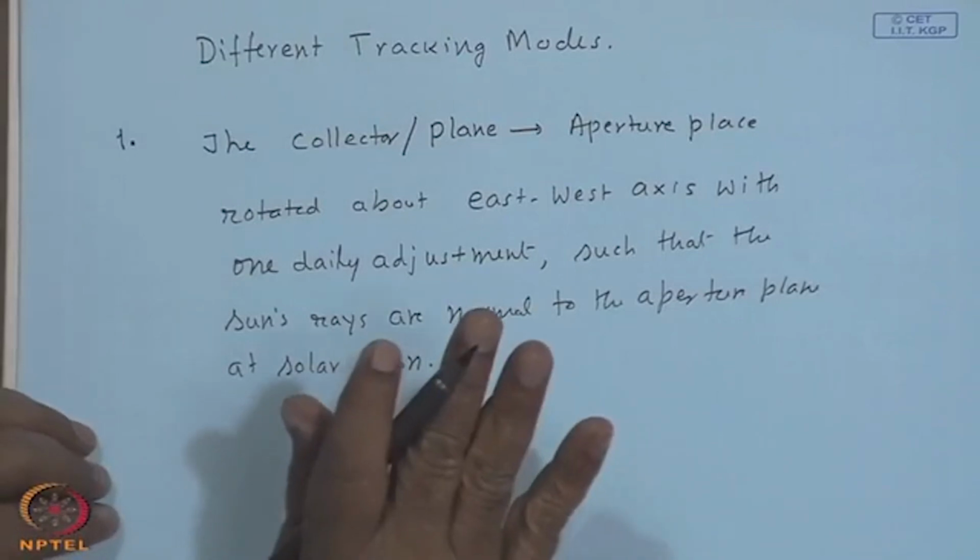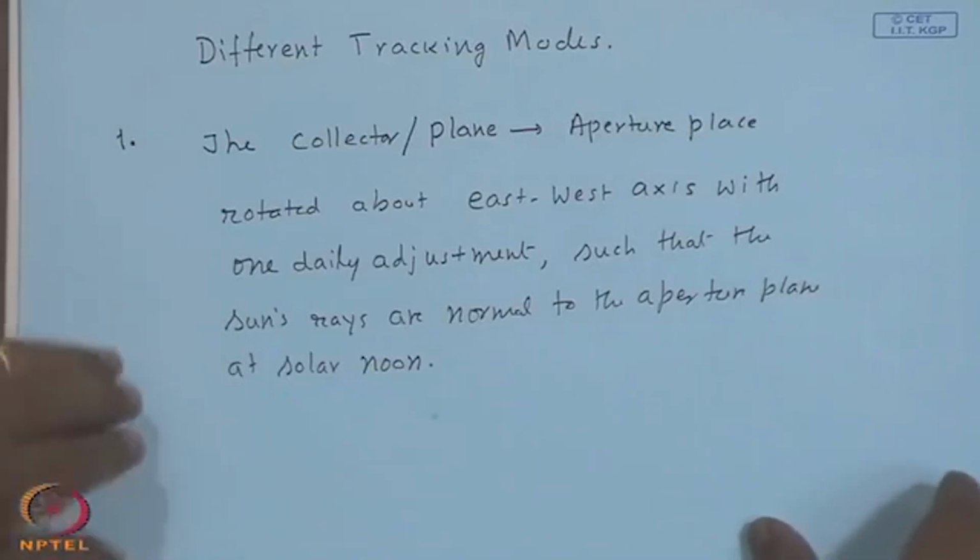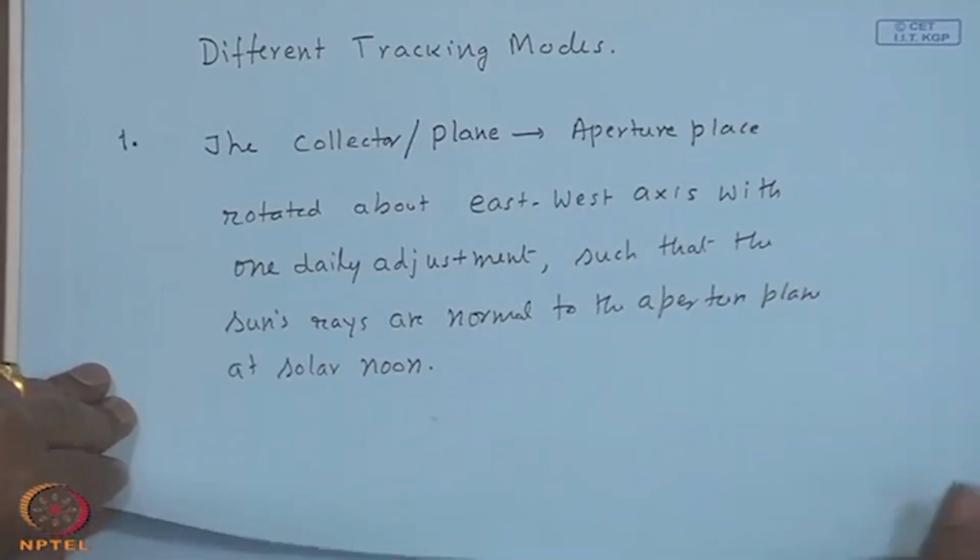So, this is only one adjustment per day, simplest. Though we will see whether that is sufficient or not, for what kind of concentrating collectors this will do the job.